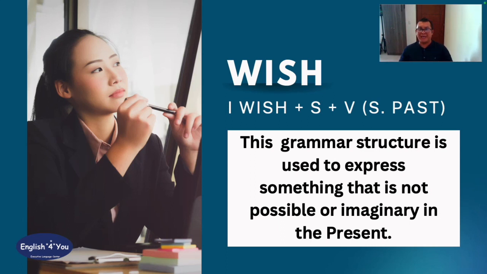Again, even though the hope is in the present, the verb used in this structure has to be in simple past. So the structure is I wish, then a subject, which can be a noun, an object, an animal, whatever, and the next part, the verb in simple past.